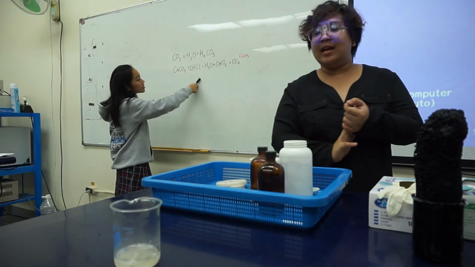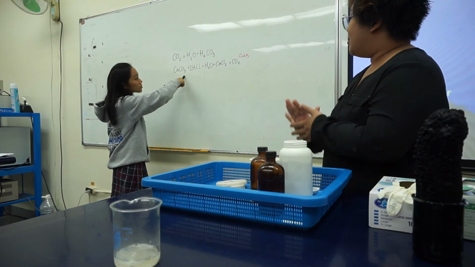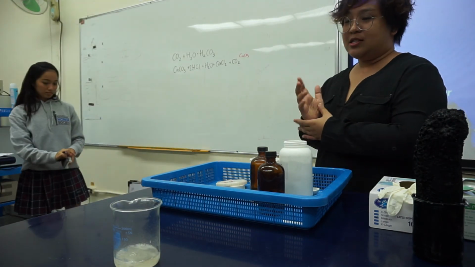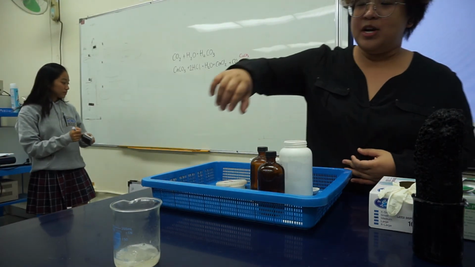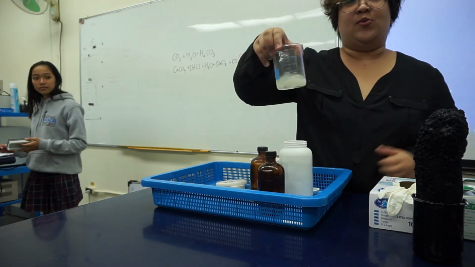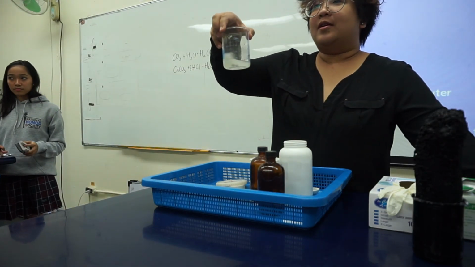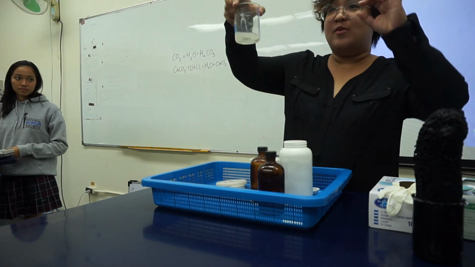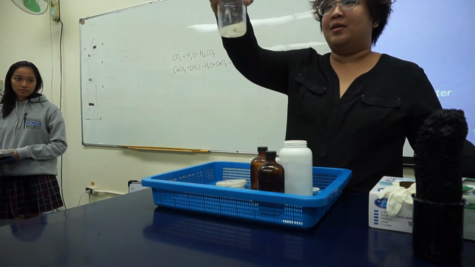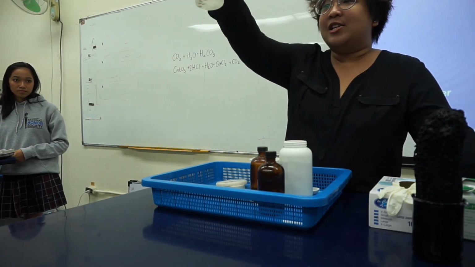So we're producing water, gas, and a salt, CaCl2. How do we know if there's water here? What can we do? Measure by volume? It should be the same volume. There's red here. What did I put here, acid or base?